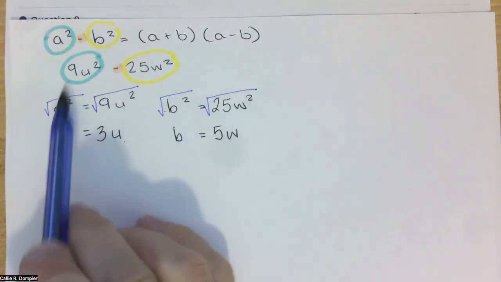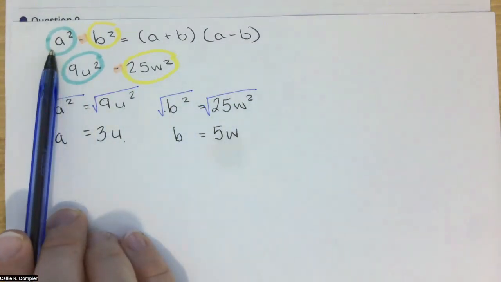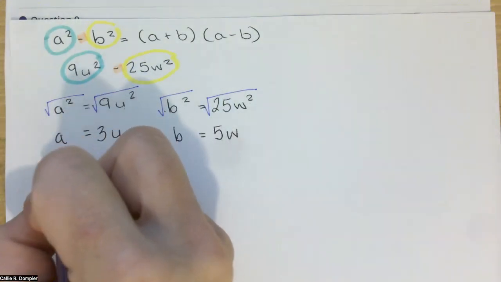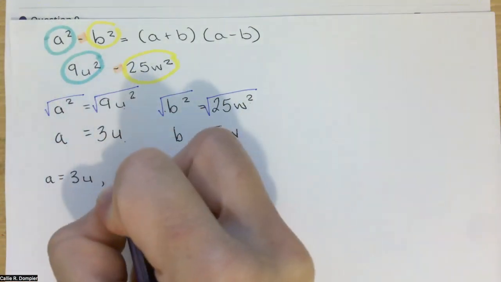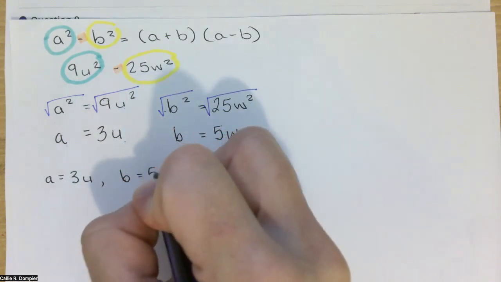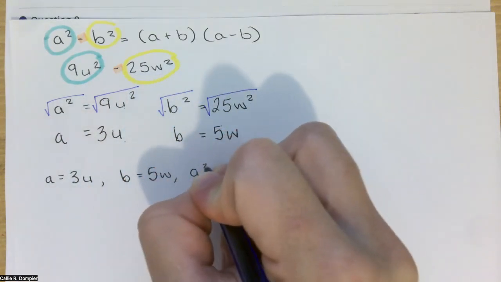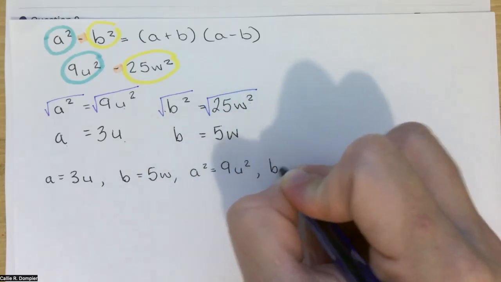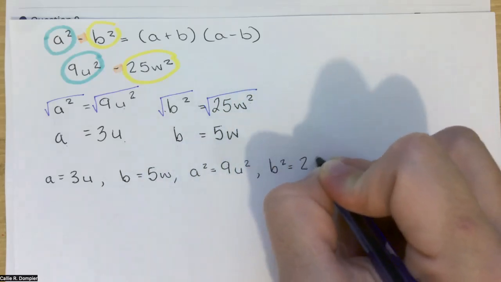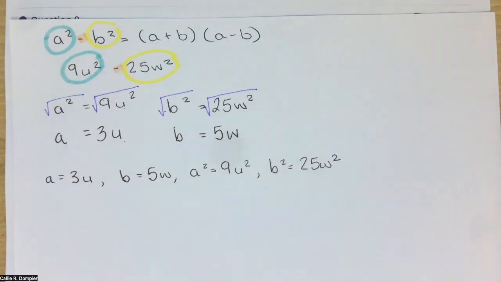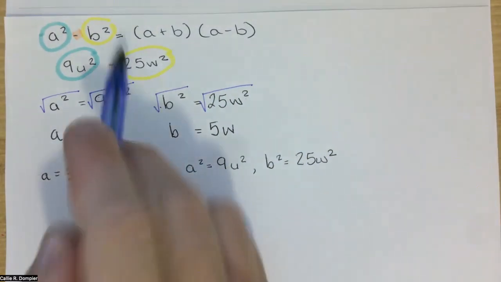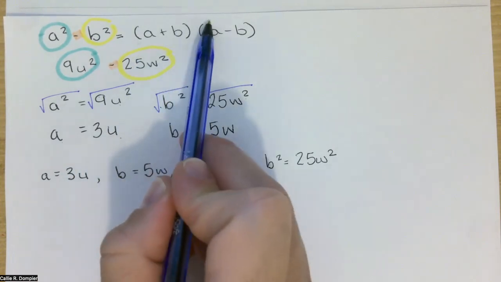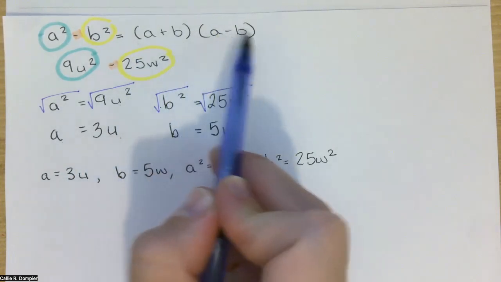So I identified a squared, and then I found a. So a is 3u. And b is 5w, because a squared is 9u squared and b squared is 25w squared. All we have to do now is put parentheses, a plus b, and open another set of parentheses, a minus b.